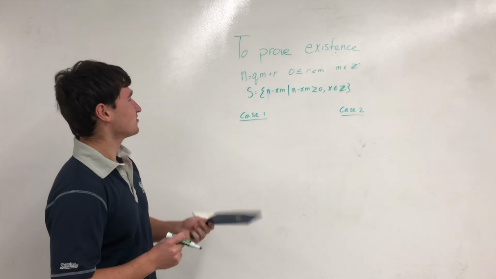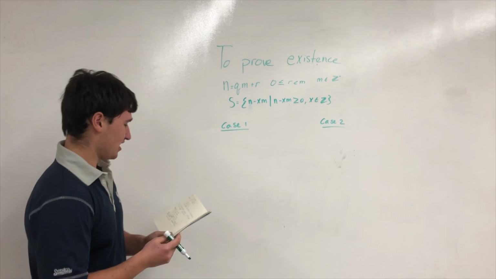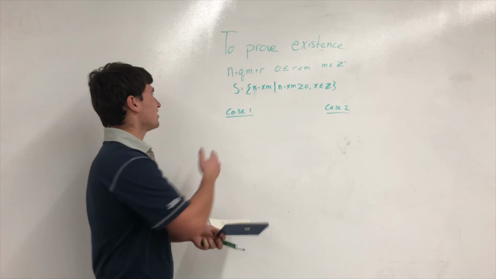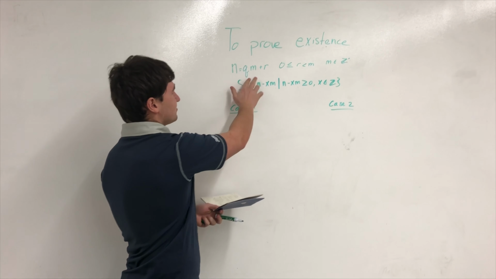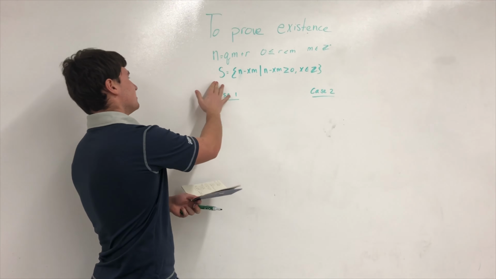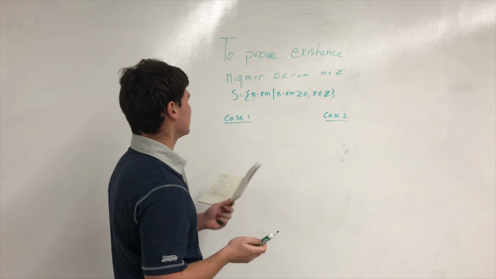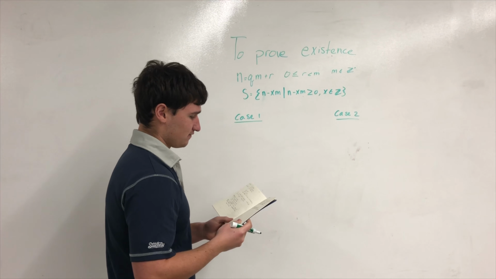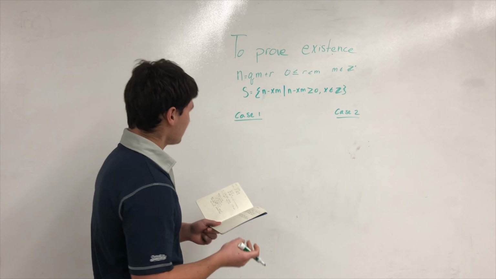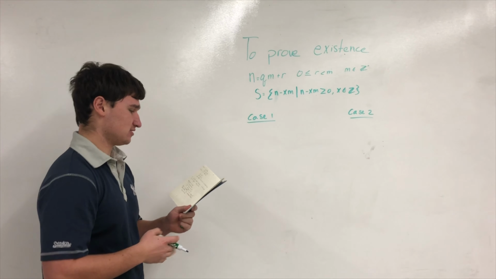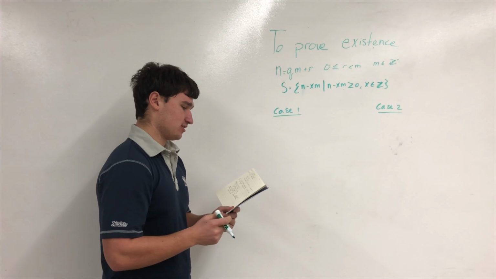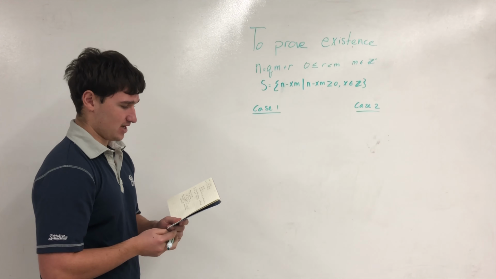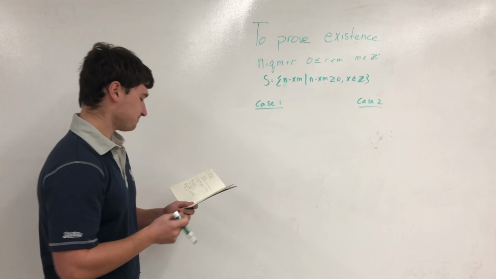Alright, so first we're going to prove the existence, and to do this we're going to use the equation n equals qm plus r, and the set S is defined as n minus xm, the set of all integers of the form n minus xm. And we'll use the smallest integer to represent the remainder that satisfies the remainder theorem.